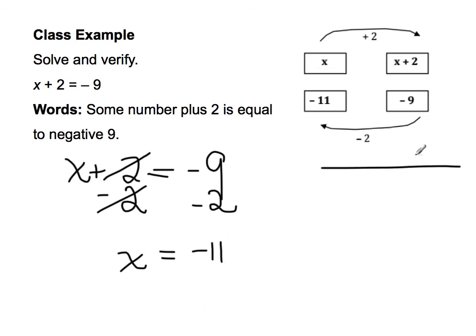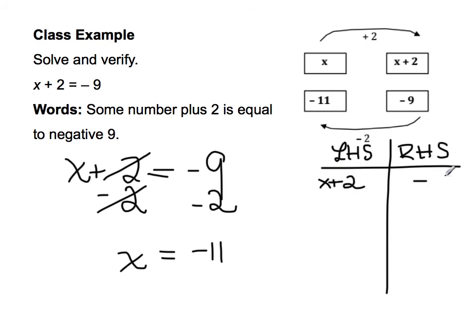It says to verify. So in verification, your left-hand side equals your right-hand side. On the left-hand side of my equation was x plus 2, on the right-hand side was negative 9. We just solved that this number is equal to negative 11.